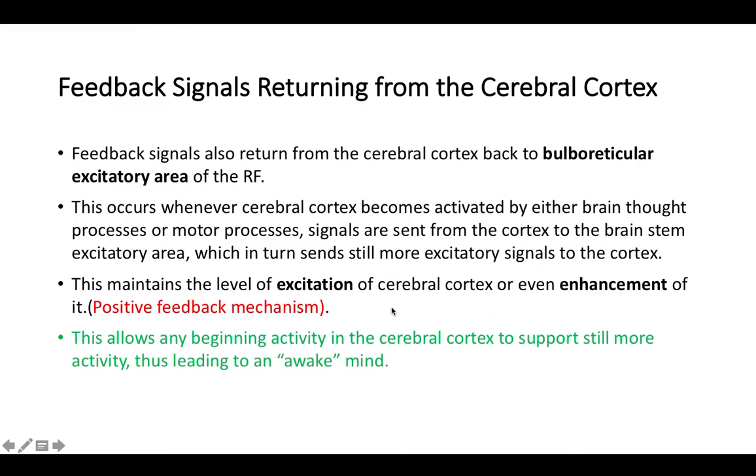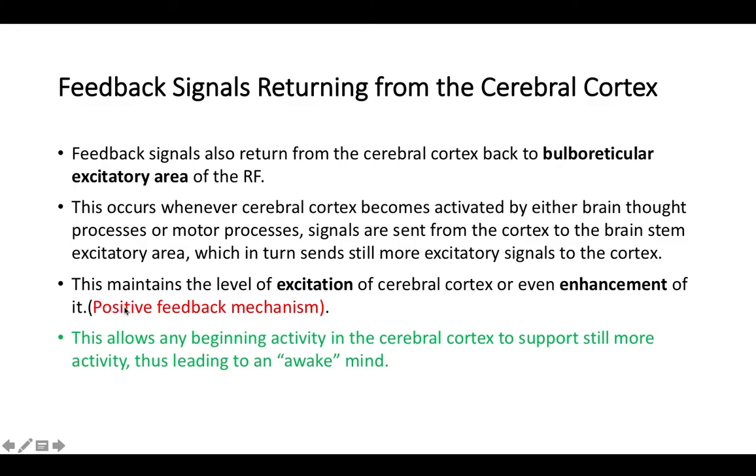This kind of excitation of the cerebral cortex, or even enhancement of the effect, is by a positive feedback mechanism. So this kind of cycle of feedback signals is called a positive feedback mechanism.